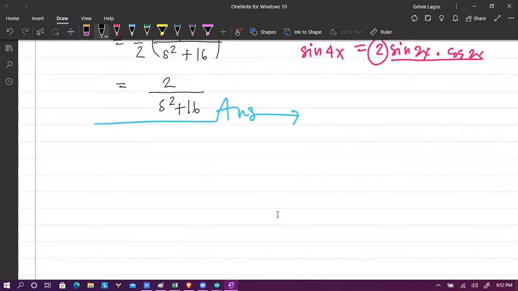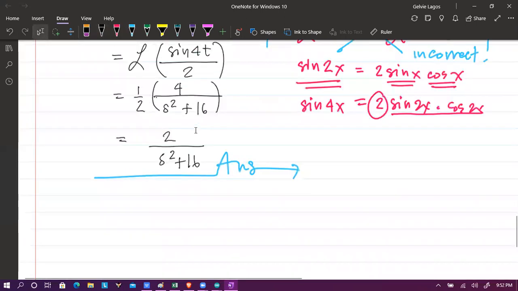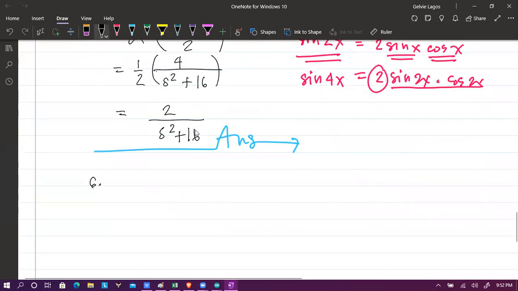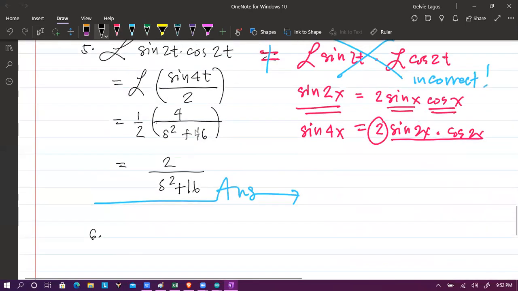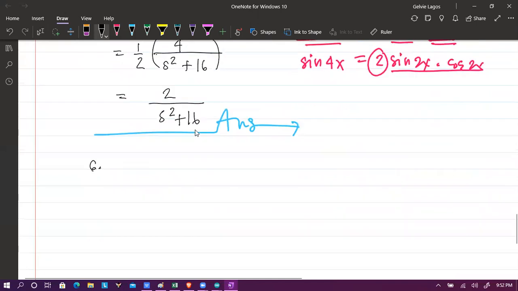Okay, what number are we now? Let's say number 6. For problem number 6, I have here sine squared of t. Take note, sine squared is not in the transformation pair table.